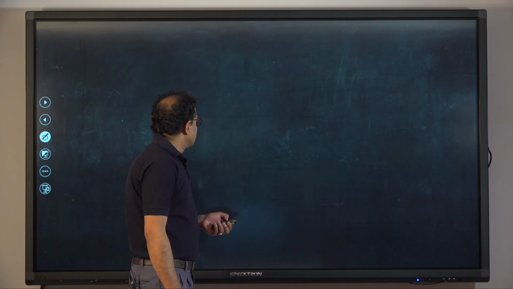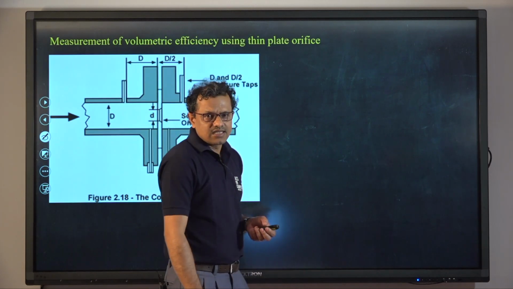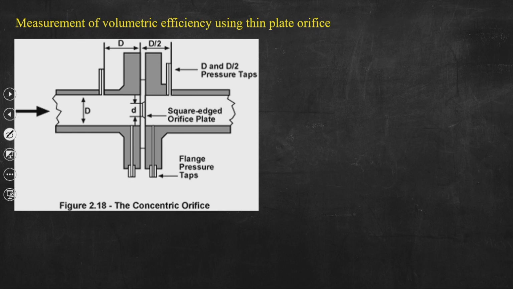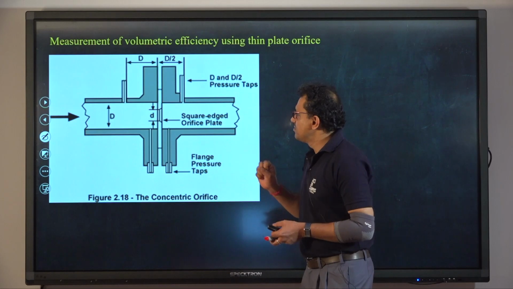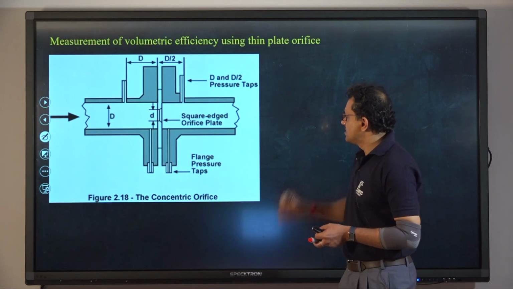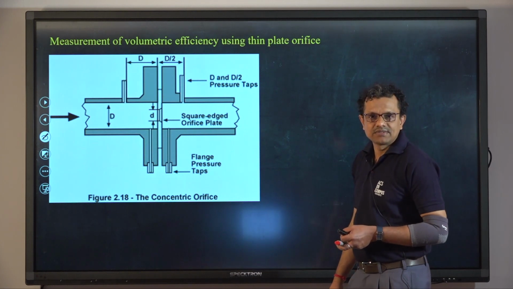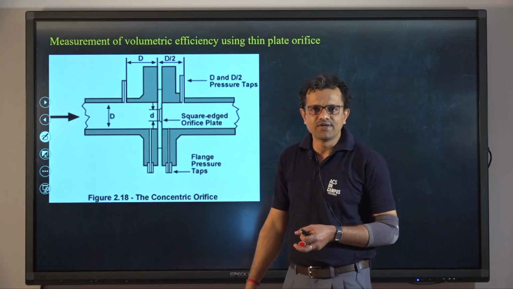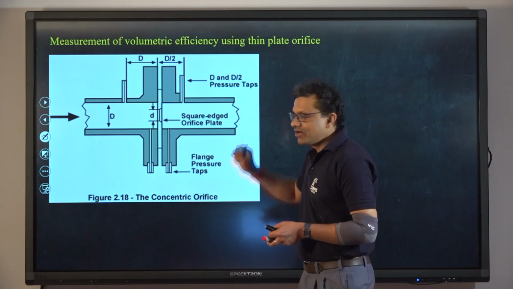If we look at the schematic depiction, this particular device, which you have studied even in your undergraduate fluid mechanics course, is the orifice meter.